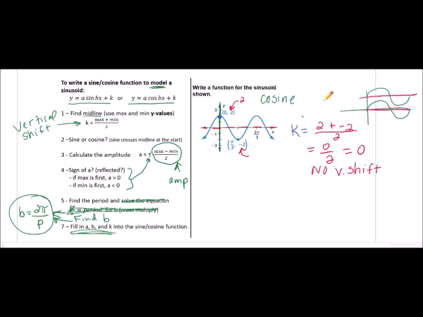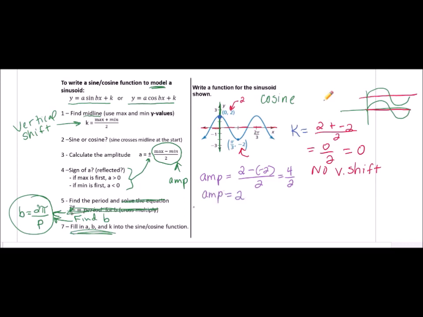I decided it was cosine already. Let's talk about the amplitude. I'm going to calculate the amplitude: 2, that maximum y, minus negative 2, over 2. That's 4 over 2, so the amplitude equals 2.